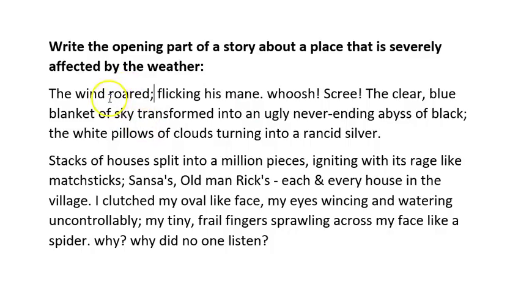And it's semantically linked to the word roared. So I don't need the rest of the simile at all, sorry, the metaphor. And now, flicking his mane doesn't make sense on its own, so I've got the comma. Now that's a much quicker way to give that image to the reader.